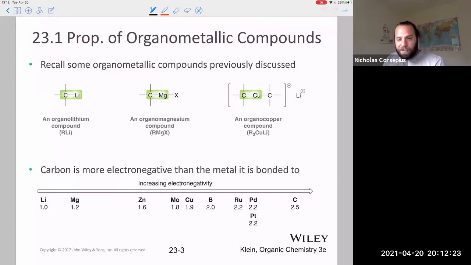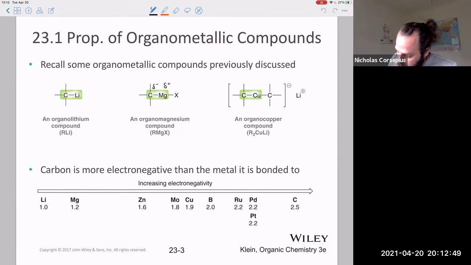So we don't really usually think of carbon as being very electronegative within the context of all the other elements we're used to talking about in organic chemistry, like oxygen and nitrogen and the halogens. But in comparison with these metals, it is. So in these compounds, you will have a partial negative charge on the carbon and a partial positive charge on the magnesium.